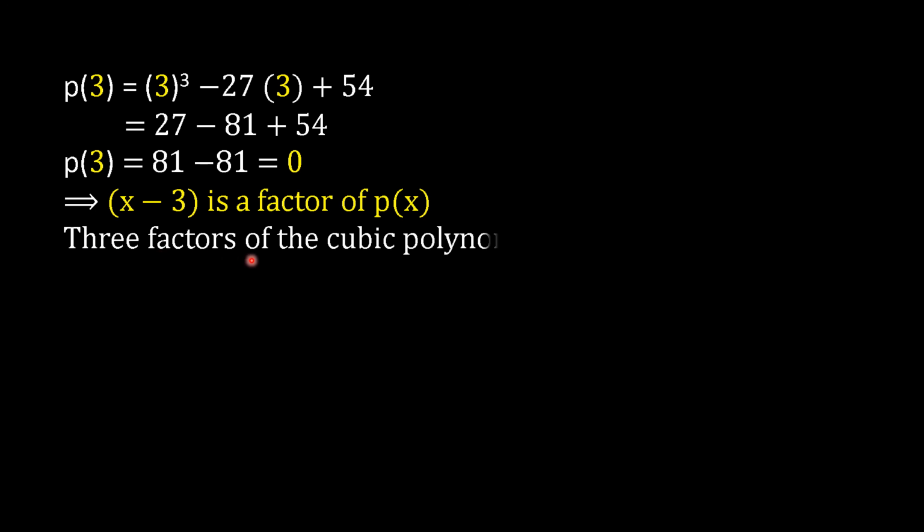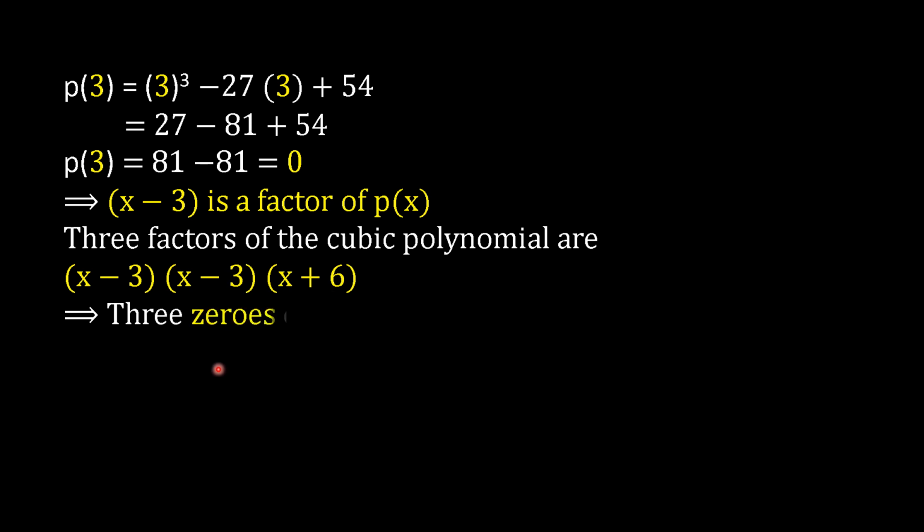Now the three factors of the cubic polynomial will be x minus 3, x minus 3, which are the two equal factors, and the third factor will be x plus 6. Therefore, the three zeros of this polynomial Px will be alpha 3, beta 3, and gamma minus 6.